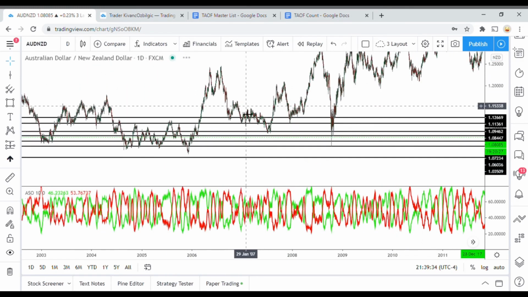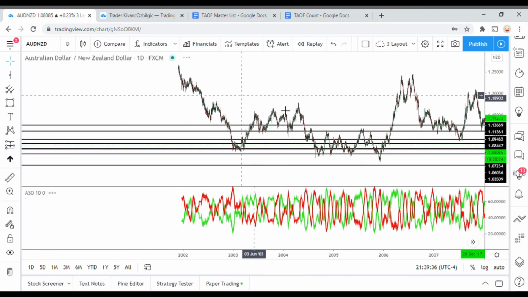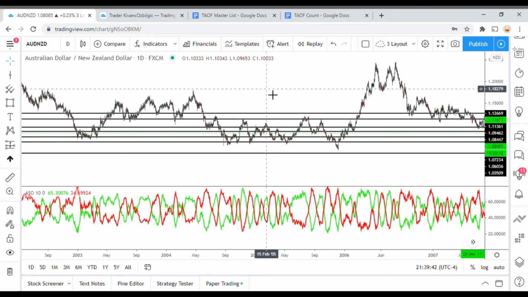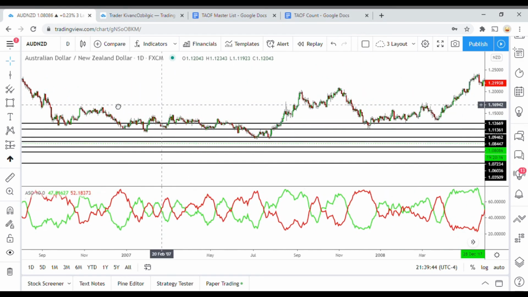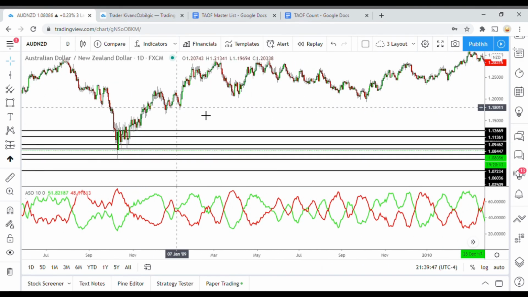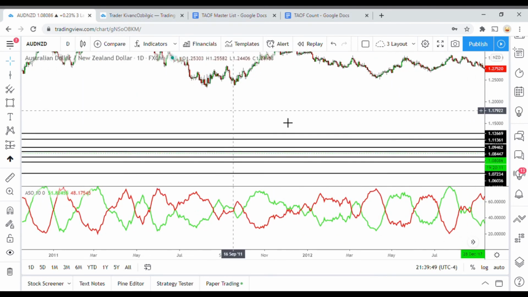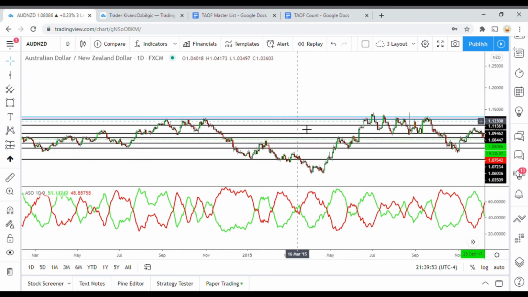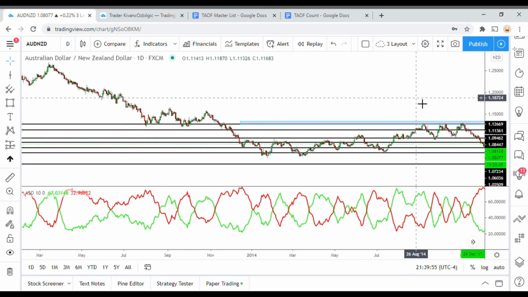And so that is the power of going back and marking off these areas of support and resistance back here in the past, and how they can play a role in your future analysis of trading. Just something interesting to do.